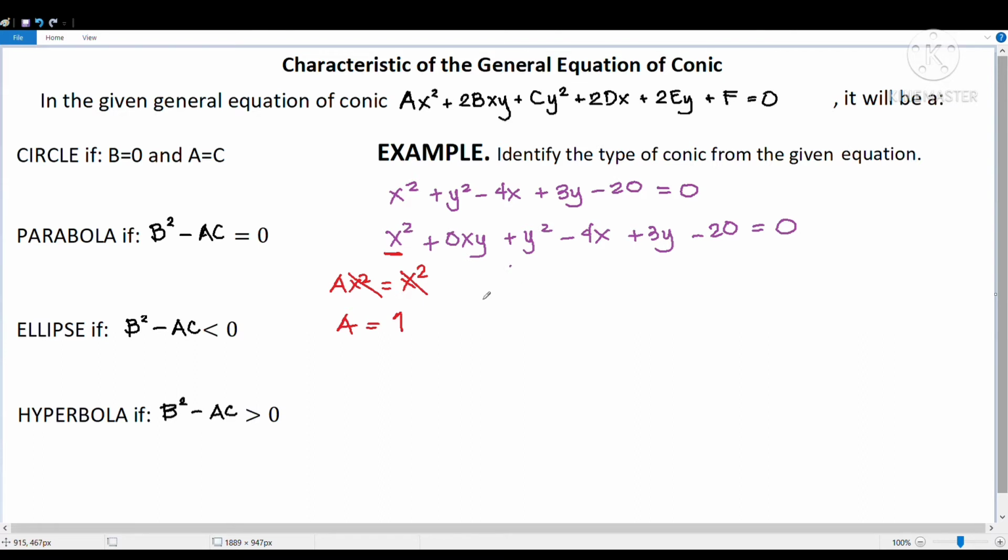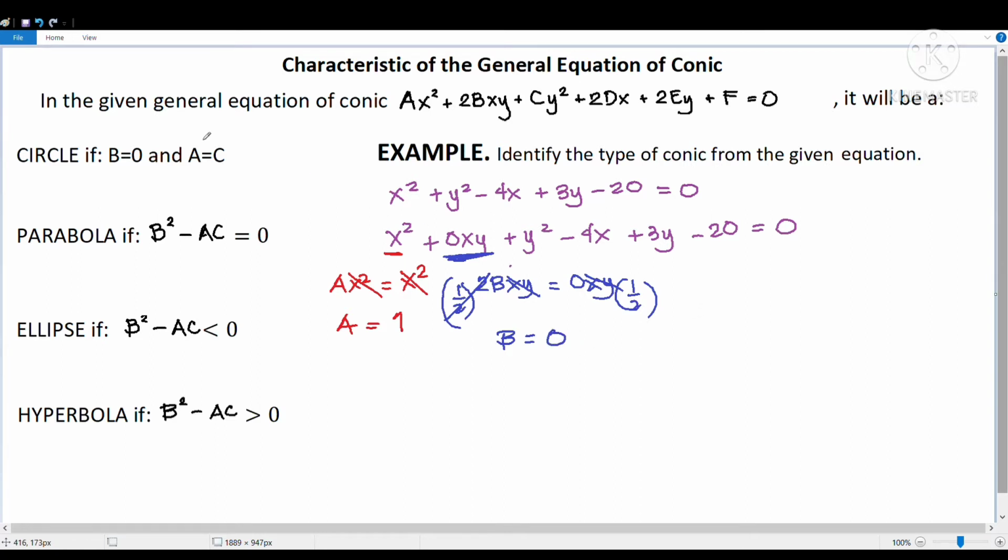For the value of b, we have 2bxy equated to 0xy. So we have to cancel out xy and multiply both sides by 1/2 in order to eliminate our numerical coefficient 2 of b. So cancel this out. For our left side, the remaining variable is b, and any number multiplied by 0 on our right side is still 0.